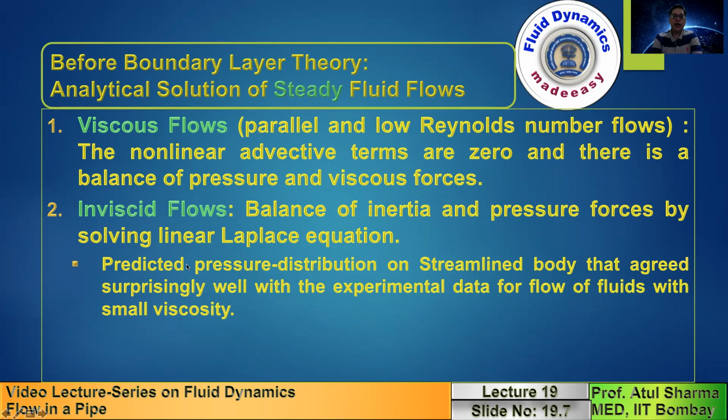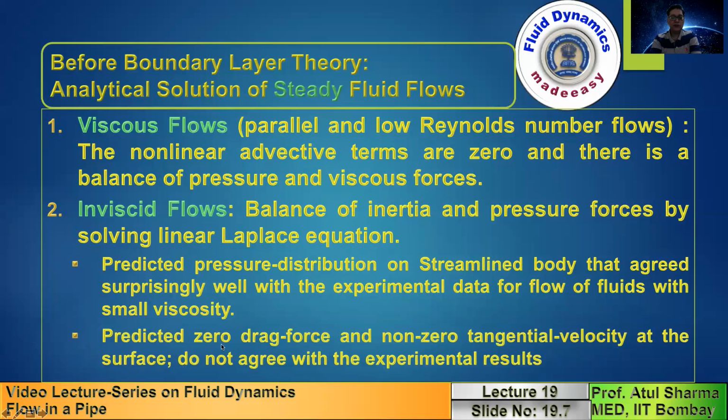This inviscid flow, as I mentioned earlier, predicted pressure distribution on a streamlined body that agreed well with the experimental data for flow of fluids with small viscosity. However, for fluids with larger viscosity, the pressure distribution did not lead to the non-zero forces acting on the body. This inviscid flow predicts zero drag force and non-zero tangential velocity at the surface, and these results do not agree with the experimental results.